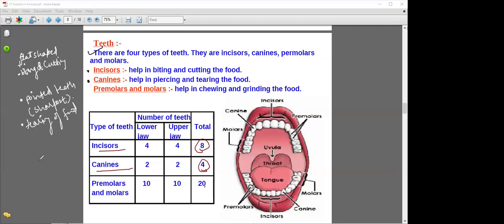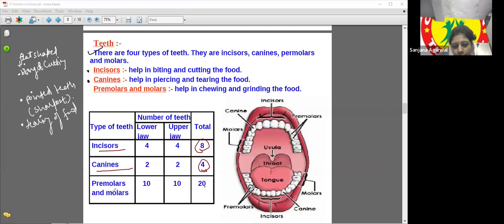Next, don't write premolars and molars together. Write them separately. First, take premolars. Look at the diagram also: these first four are incisors, and this that I'm shading are canines.